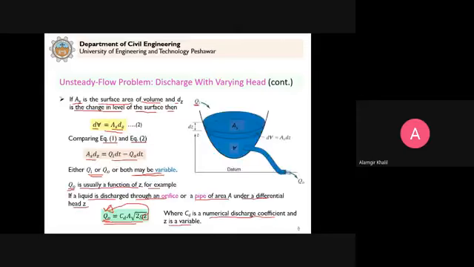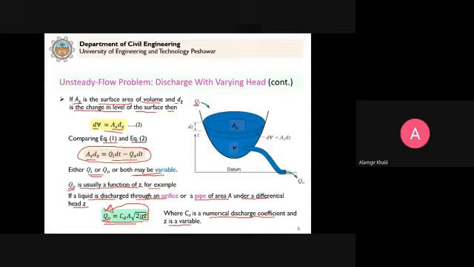Clear? So what we are saying here is that in this equation, the inflow and the outflow discharge that appear, we are discussing that they can be treated as constant or variable.